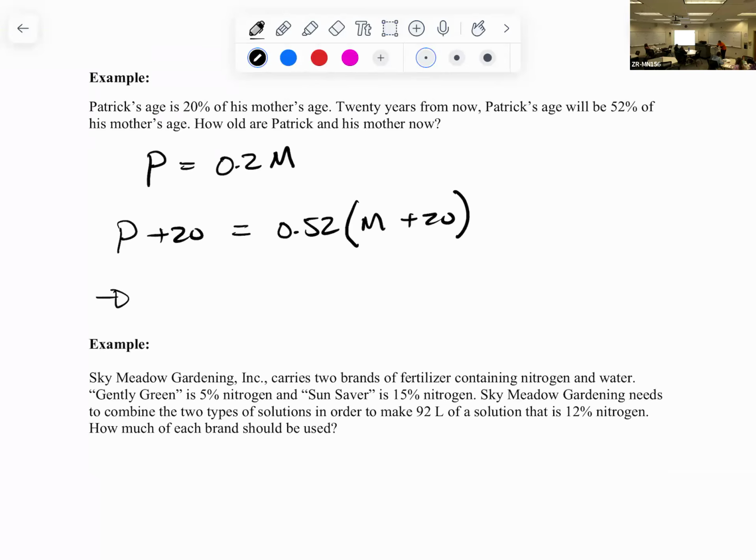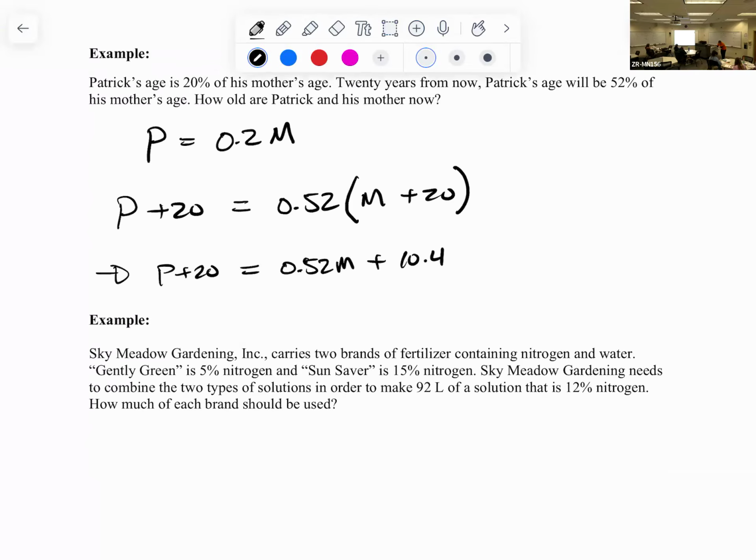Let's simplify this down one more step. Once I have that, so now that I have that equation solved down, I actually have P equals 0.2 M and P equals this.